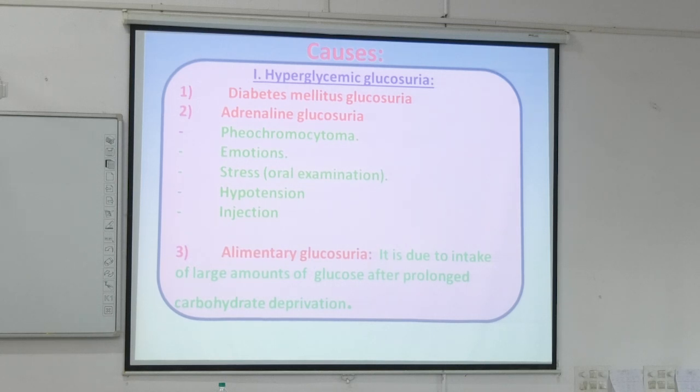Causes of glucosuria. Very, very important. Physiological causes and pathological causes. 1. Hyperglycemic glucosuria. The conditions where there is hyperglycemia. What are the conditions? First one is diabetes mellitus, which I will not discuss intentionally in this class. Adrenaline glucosuria.